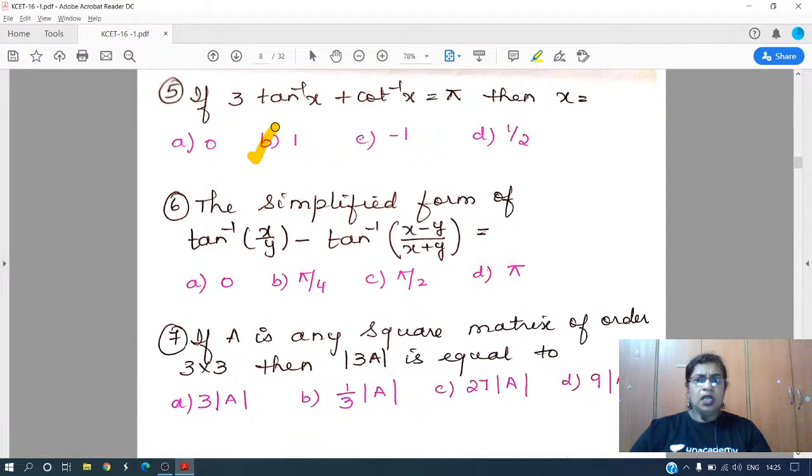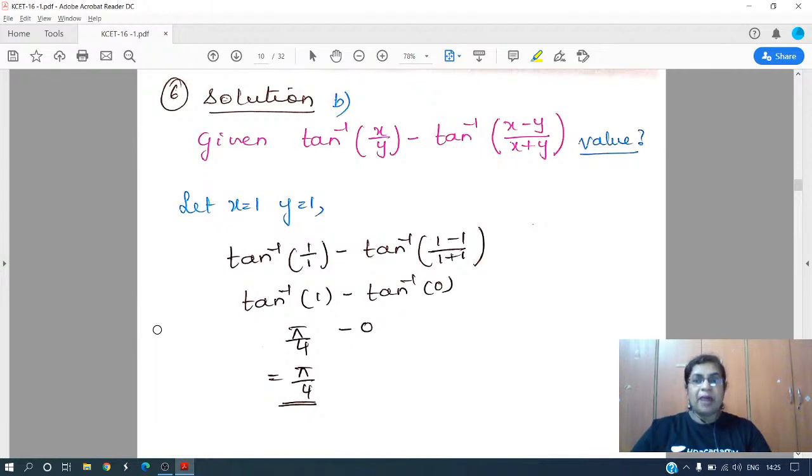Now, look at the next question. Sixth question. The simplified form of tan inverse x by y minus tan inverse x minus y by x plus y is equal to. They have asked me what is the simplified form. Let us see which option is going to satisfy my answer.